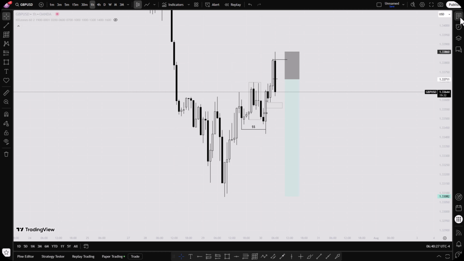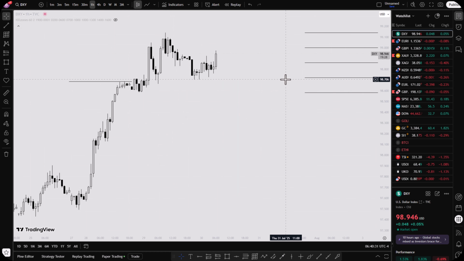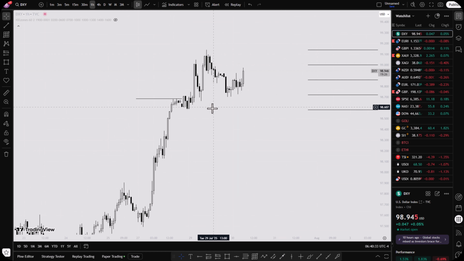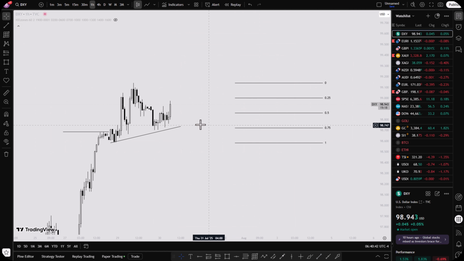And also, if you check what the dollar is doing, the dollar is giving us an SMT divergence. Here we see that price has failed to take the previous day low. And here I have this range because this is the previous range and price came back into the mid threshold.